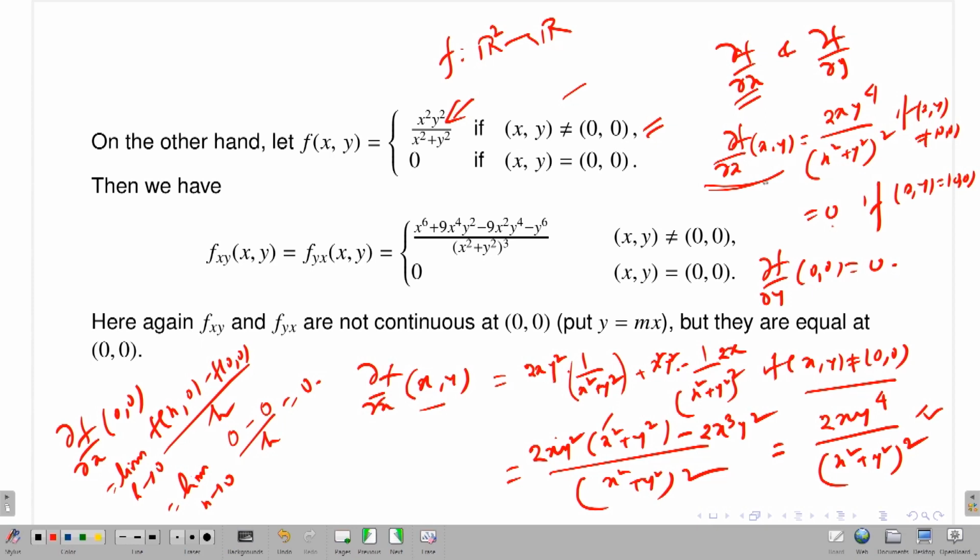So let's see, if I want to calculate f xy at the point 0 0. Because if xy is non-zero, you can easily calculate by performing the derivative with respect to y variable keeping x constant. Then what will happen? Just use the definition: limit h approaches to 0, fx of 0 comma h minus fx 0 0 divided by h, right?